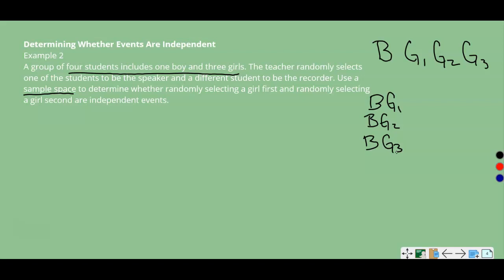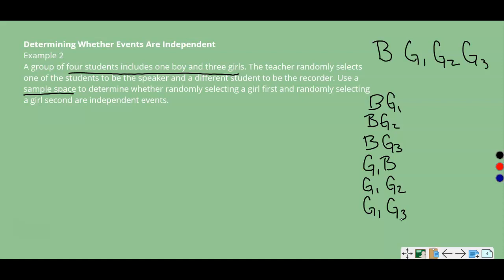All right, then let's say the girl, G1, gets picked first, and she goes with the boy. The girl 1 goes with girl 2, and girl 1 goes with girl 3. So now girl 1 has been first with all the different possibilities.